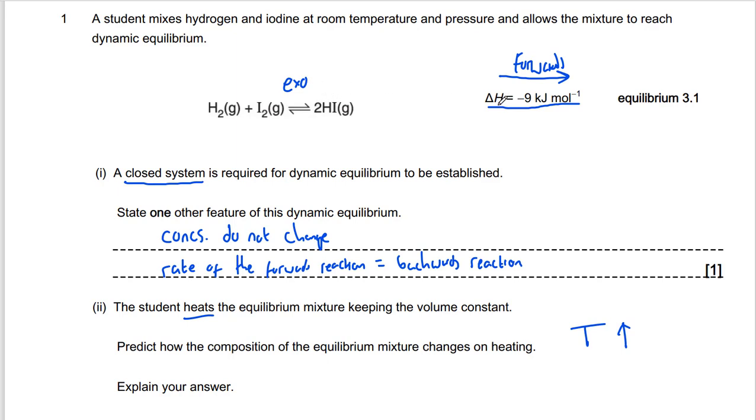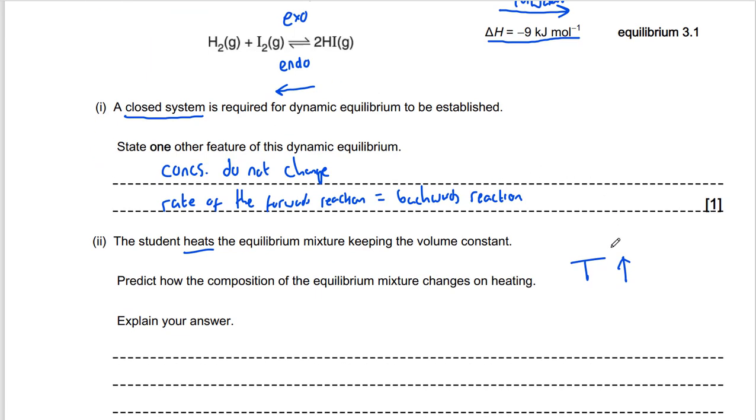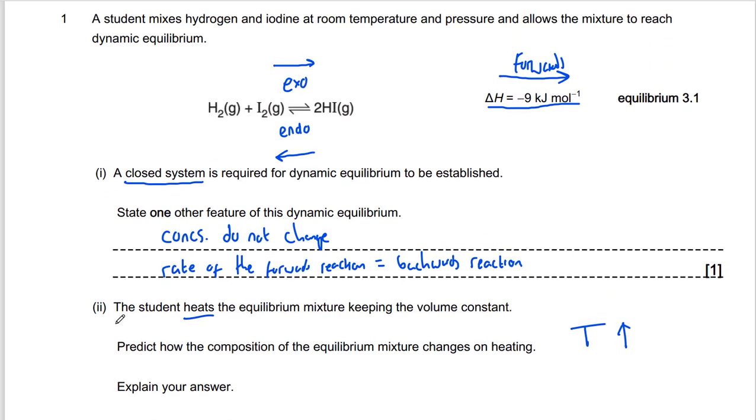Now, based on conservation of energy principles, if the forwards reaction is minus 9, the backwards reaction must be plus 9. It's the same value. Conservation of energy, you can't have more energy one way than the other. So backwards is endothermic to the point of plus 9. So exothermic is forwards, endothermic is backwards. To answer the question then, we've got to just look at what we're doing.